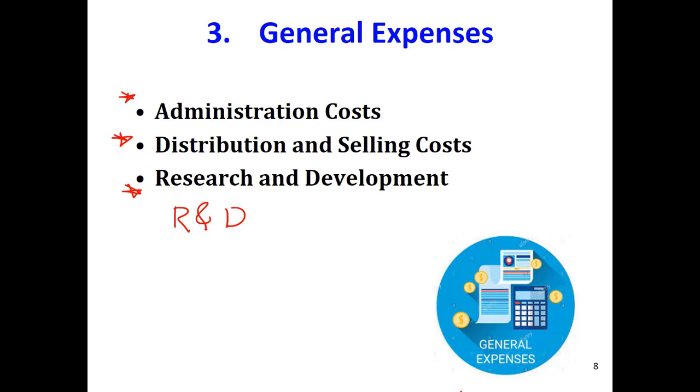General expenses include administration, marketing, distribution, selling, and research and development, which is most of the time a very critical part of the company. If the company wants to survive in the long term, this division, research and development, has to be very active.